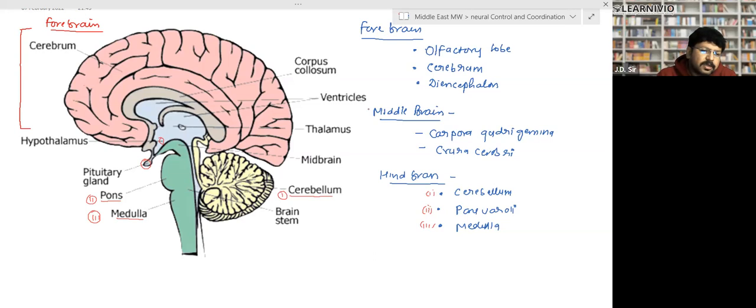And look, there are these structures. I'll tell you one by one. First, please note down the parts. Then I'll tell you, there is one more very important part. Noted?